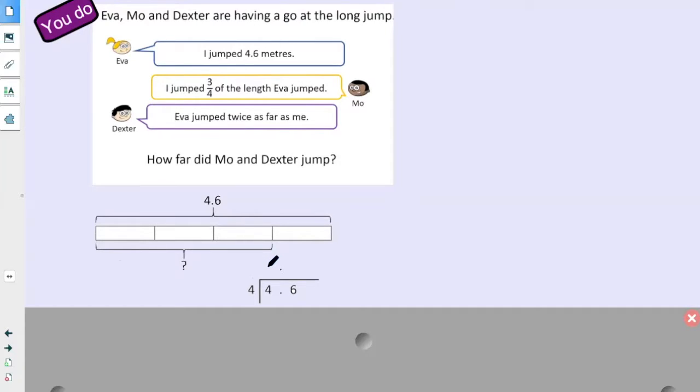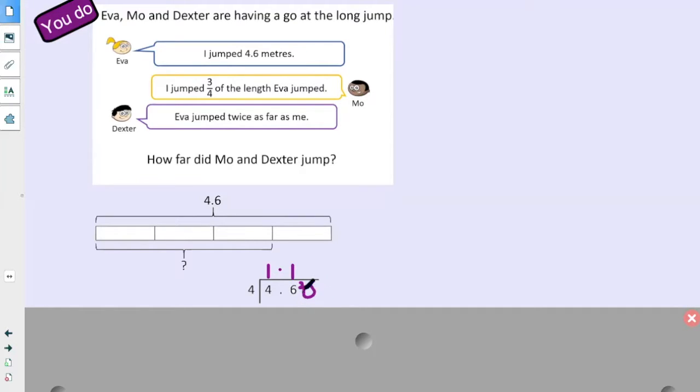So 4 into 4 goes once, got my decimal point. 4 into 6 goes once, with a remainder of 2.